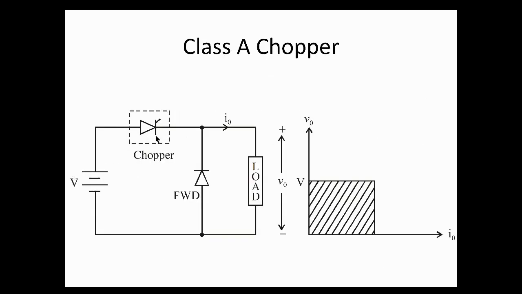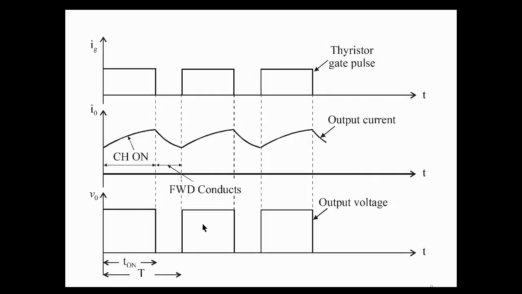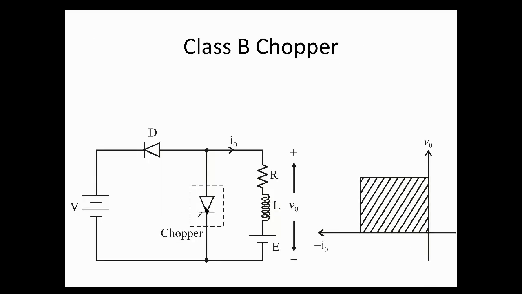So this chopper turns on. Sorry, not that, class B. Class B chopper turns on. What's your output voltage? Remember, this is like a short circuit when this turns on.